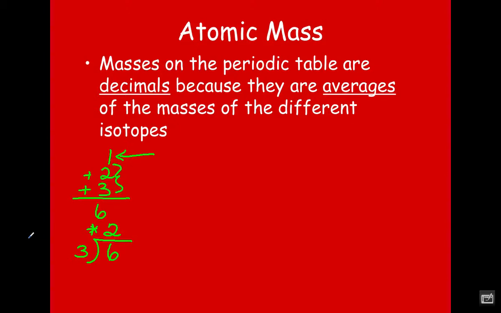So my average atomic mass is closer to the 1 than it is to the 2 or the 3. We are not going to get into how we calculate that because it's not important at this time, and you'll learn about that in the full chemistry course that you take later on in your high school career.